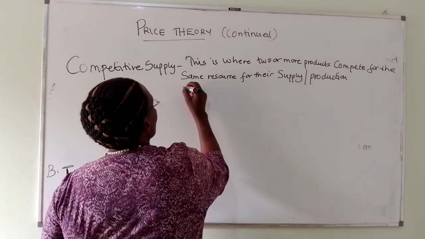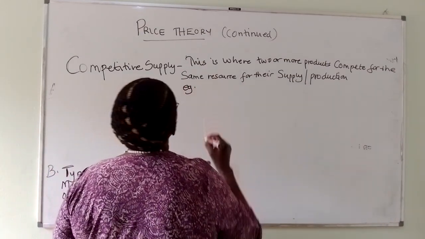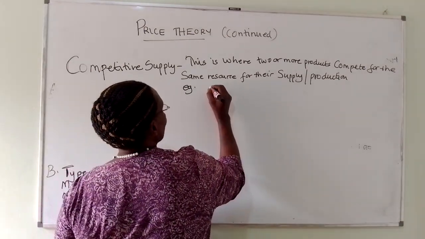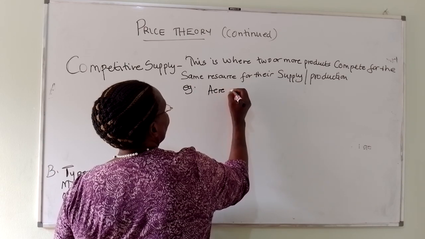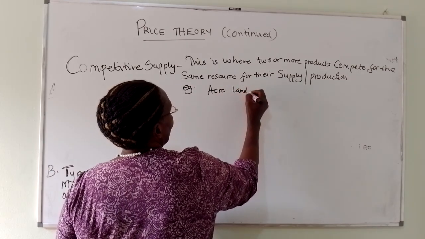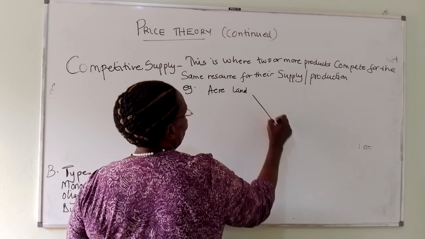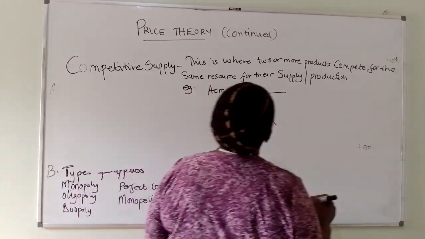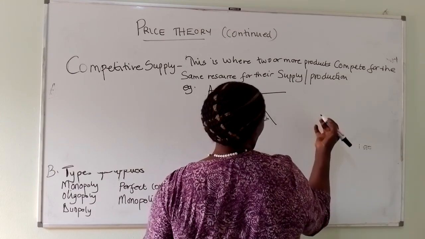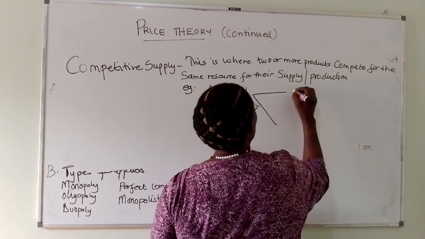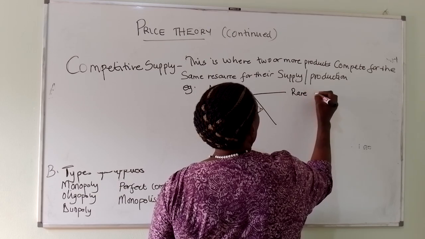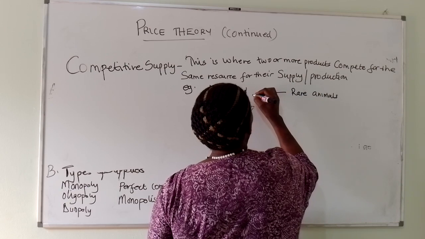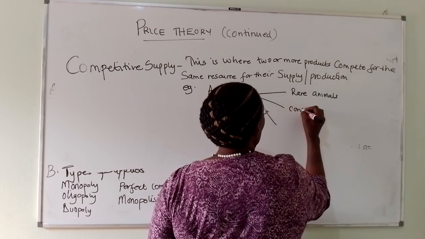And if I give an example, maybe you can clearly get it. Assuming that somebody has an acre of land. That acre of land is being competed for by more than one commodity. On that land, you can rear animals. You can construct a building.